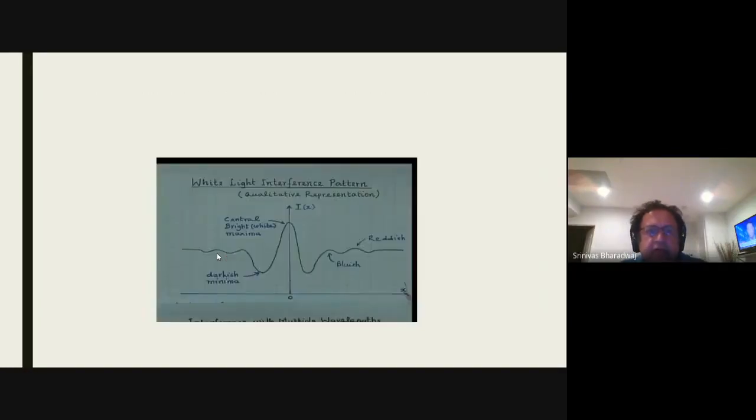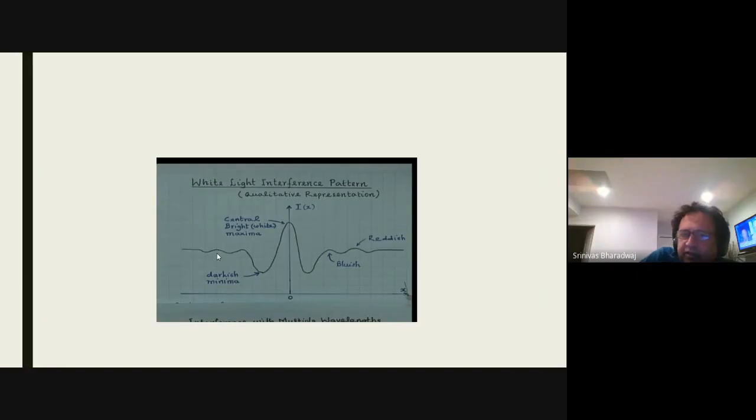So white light's interference pattern, right? If you used white light, you will have a central bright fringe at the meeting point, and then you will have various other darkish minima, bluish minima, because you have a superposition of multiple colors, right?